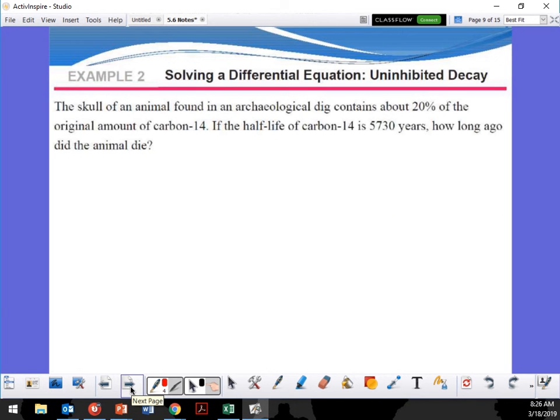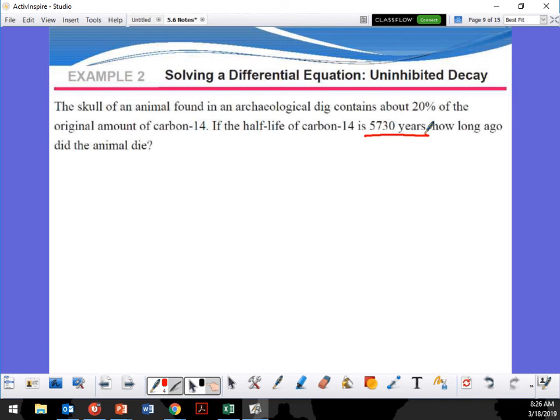The skull of an animal found at an archaeological dig contains 20% of the original amount of carbon-14. If the half-life of carbon-14 is that many years, how long ago did the animal die? Wait, how long did the animal die ago?